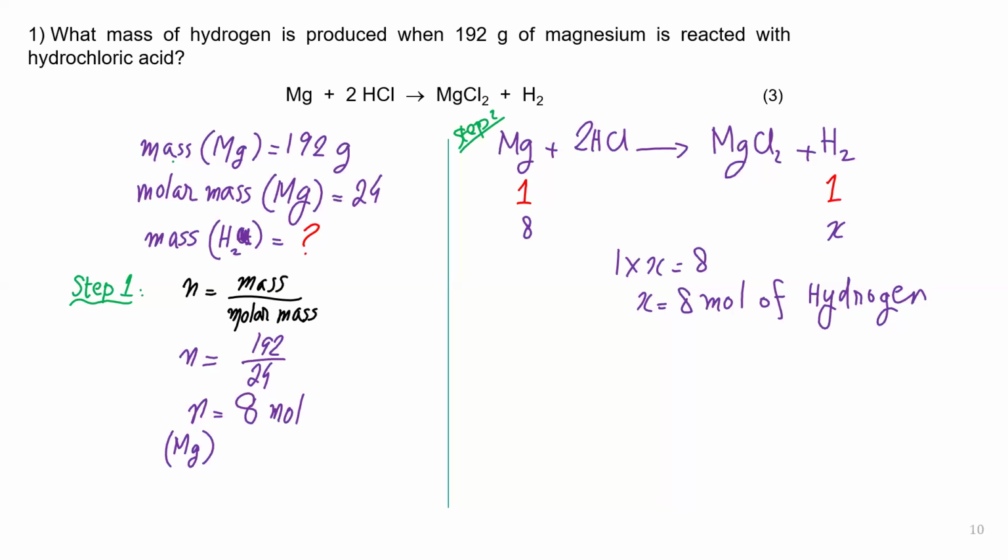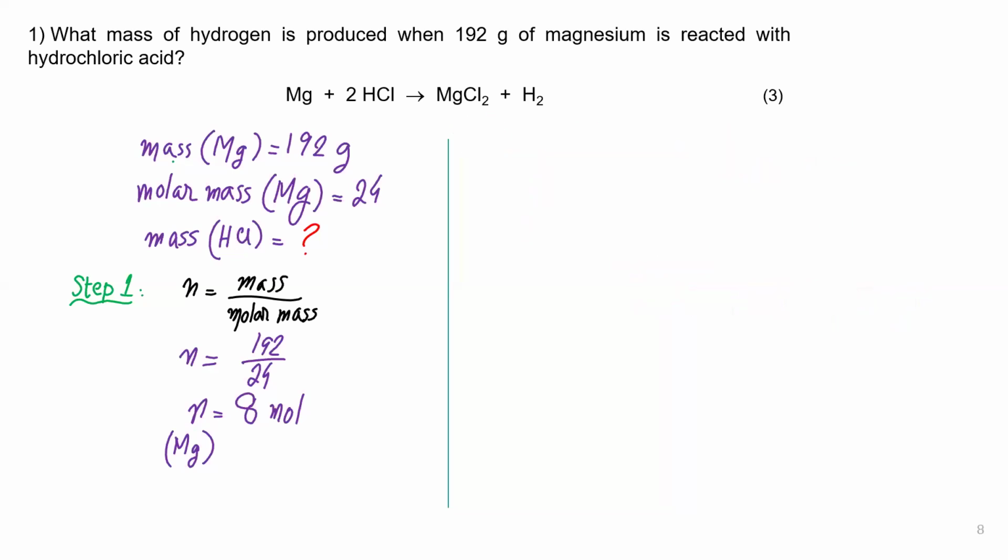Shouldn't the mass of hydrogen be 2? I mean, the number of moles. No, but first look here. I think there is a little confusion. The moles you got are for magnesium, right? Yeah. Now put the moles of magnesium and find the moles of hydrogen.